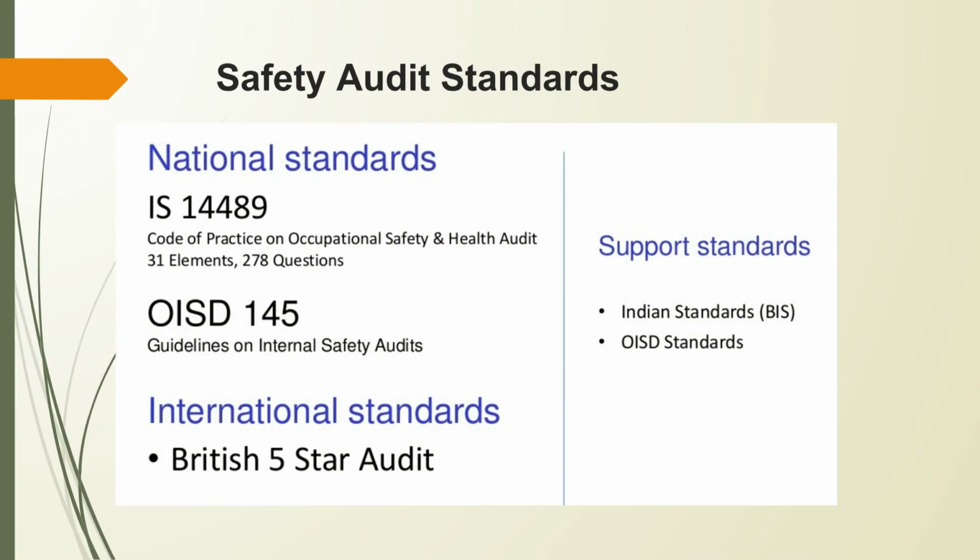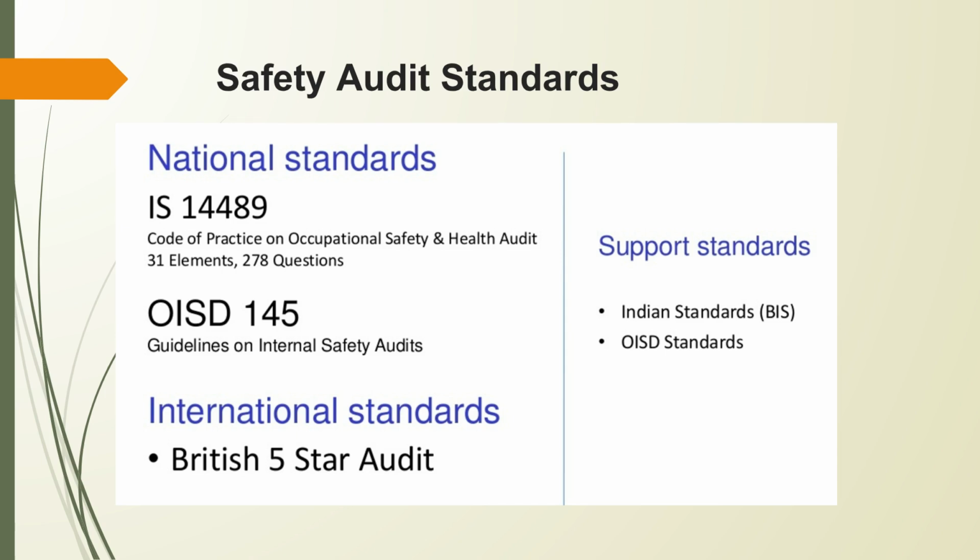Now let's examine the governing frameworks for conducting safety audits. On the national level, we look to IS 14489, the official code of practice on occupational safety and health audit, which outlines 31 core elements and 278 evaluation questions. We also reference OISD 145, which provides detailed guidelines for internal safety audits.